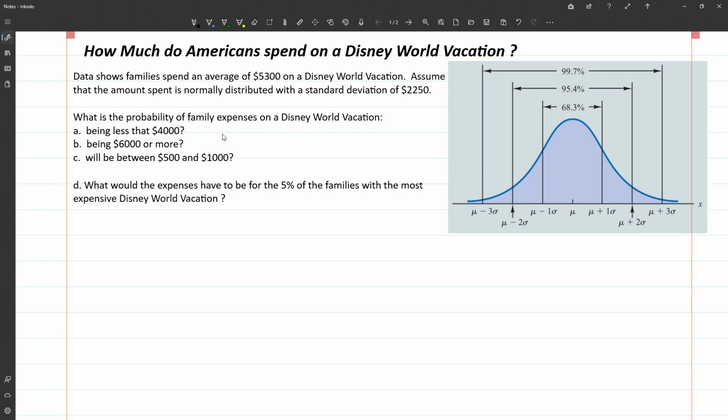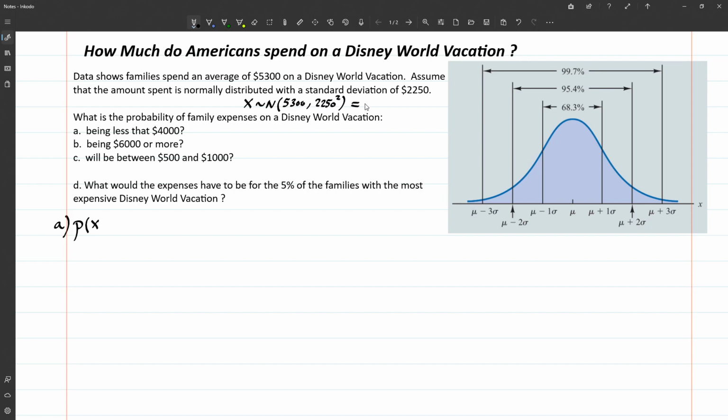A, being less than $4,000. Since we are assuming that it is normally distributed, the question in part A is: what is the probability that the amount spent, say random variable X, the expense, which is normally distributed with mu, or mean, of 5,300 and sigma squared, or variance, of 2250 to the power 2.